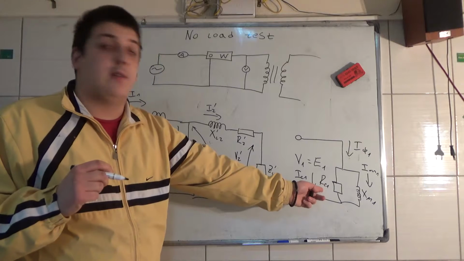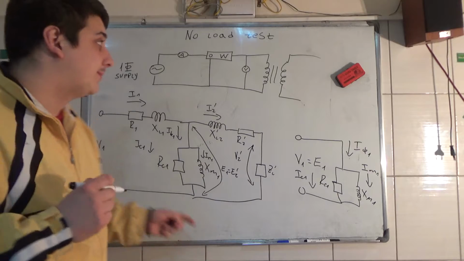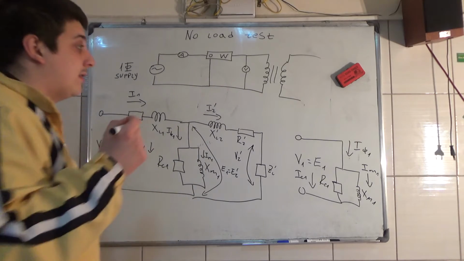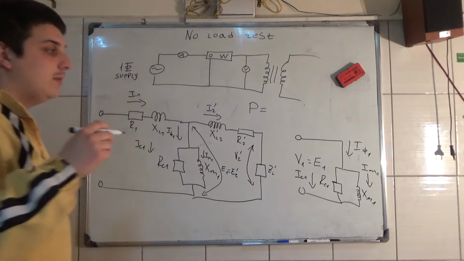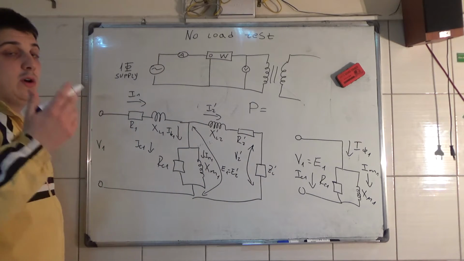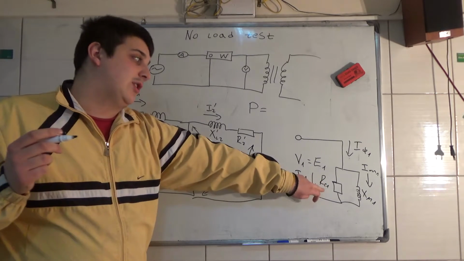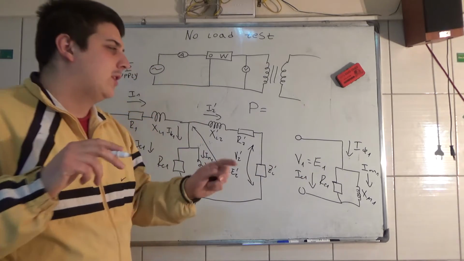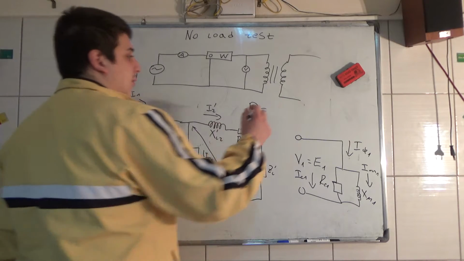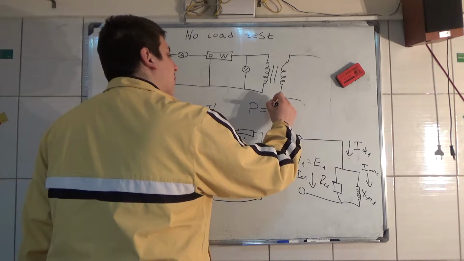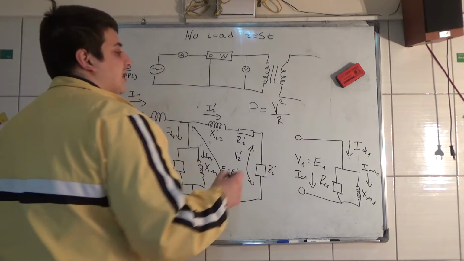How do we calculate the resistance of the core loss? Well, we know that the power on a resistor, or on a consumer or an impedance, but in this situation it's like a resistor, is equal to the voltage squared divided by its resistance.